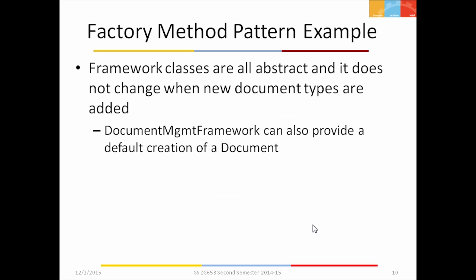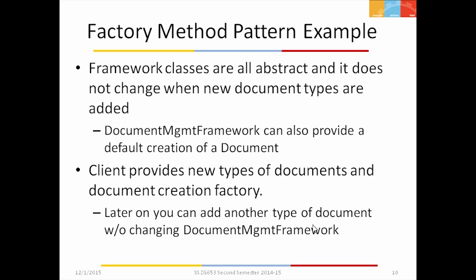Let's continue with the example. As I said earlier, these framework classes are all abstract, and they do not really change when new document types are added. So it becomes a fixed library. Document management framework class can also provide a default creation of a document, and that's generally a good programming style in many cases.